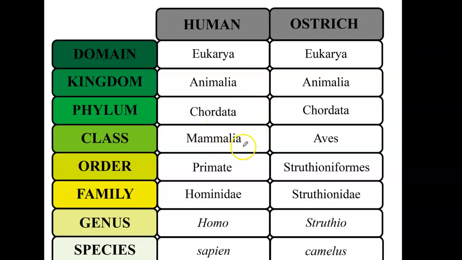We go into the class Mammalia, and they go into the class Aves. And then order, we're primates and Struthioniformes. And so it's going to vary as it goes down here. But this is the ostrich, Struthio camelus, is the genus and species. You don't have to memorize this. I want you to know the order, though, like you did on the first test.